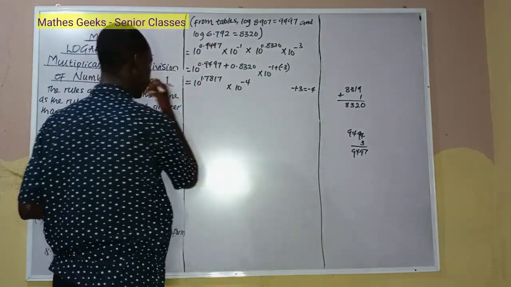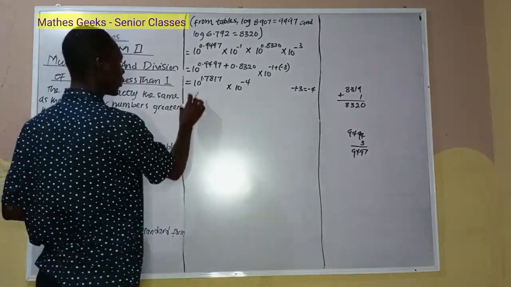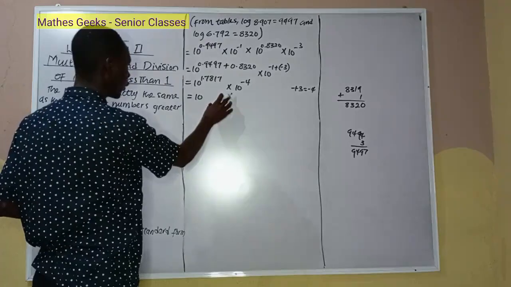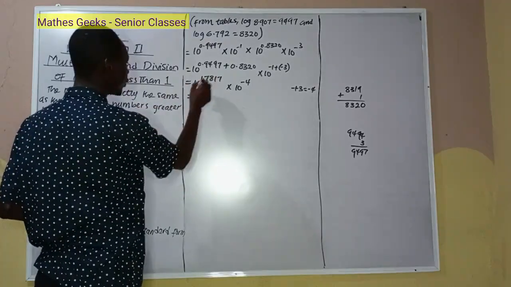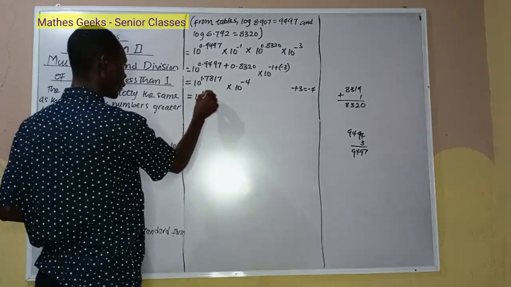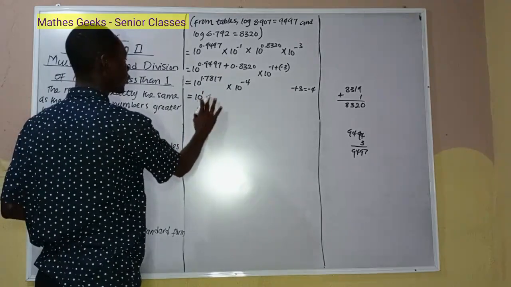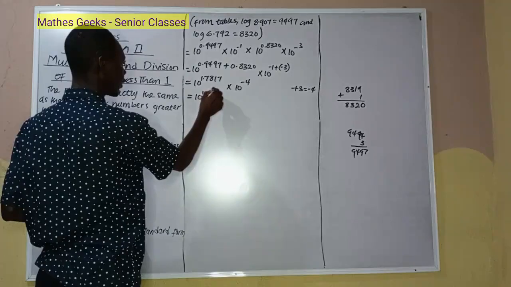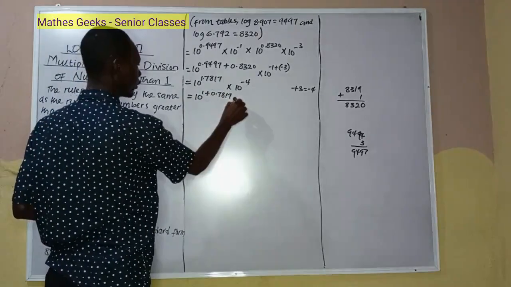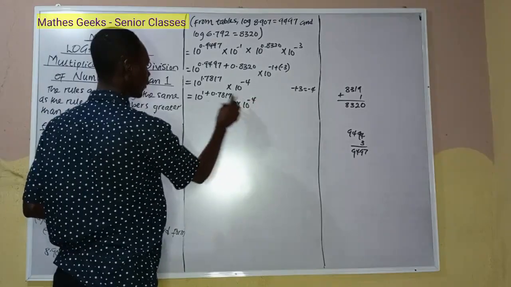Since the bases are the same, we proceed with our calculation. 10 raised to 1.7817 becomes 10 raised to 1 plus 0.7817, times 10 raised to minus 4.